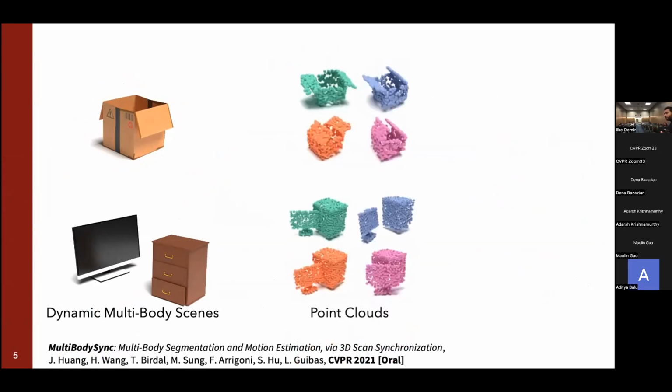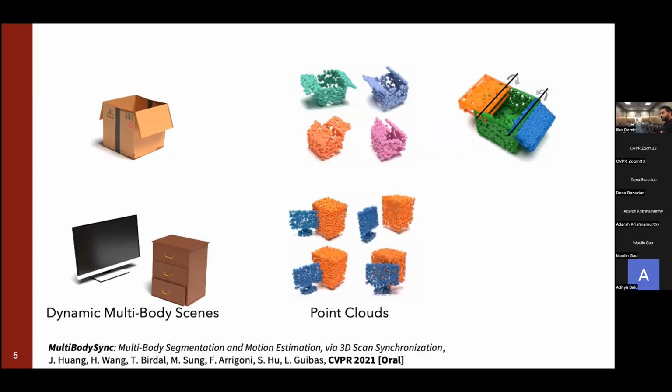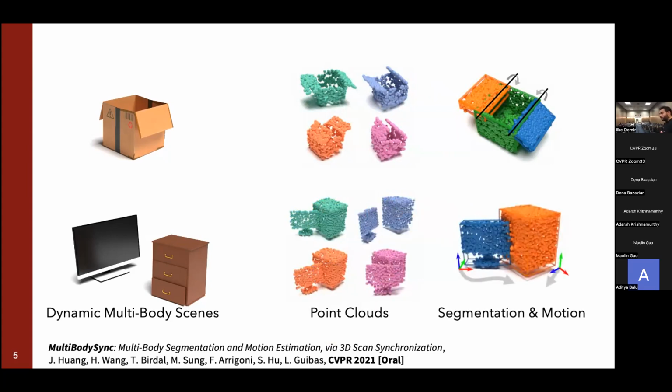We want to solve both of these scenarios where we are observing point clouds, and we want to get this segmentation. For each of those, we also want to get the pose, and we want it to be consistent and coherent so that we can align everything back onto any point cloud that we want. This can also be a canonical point cloud, for example. And we want to do the same for multiple.